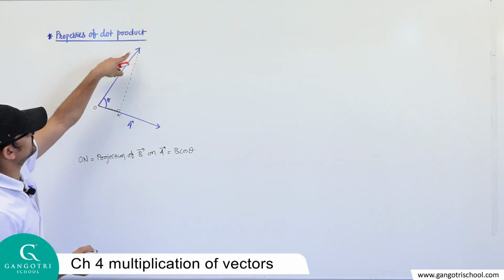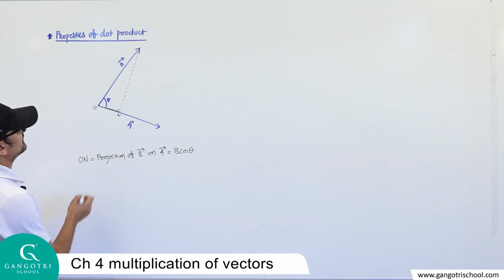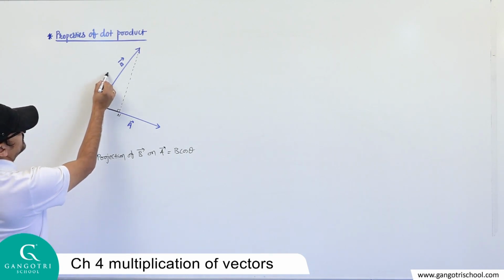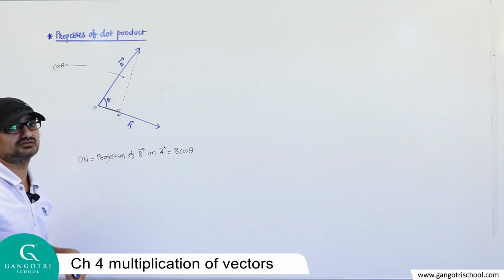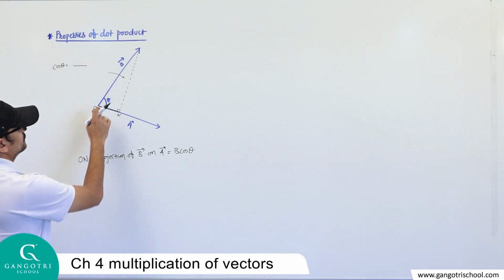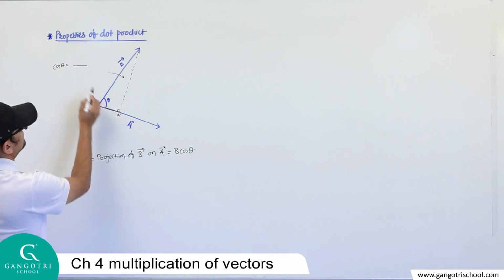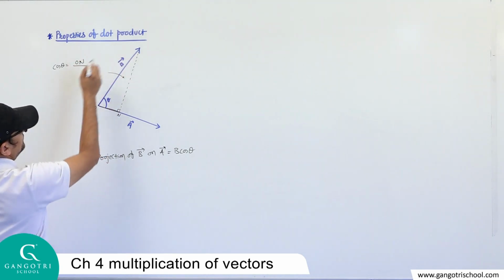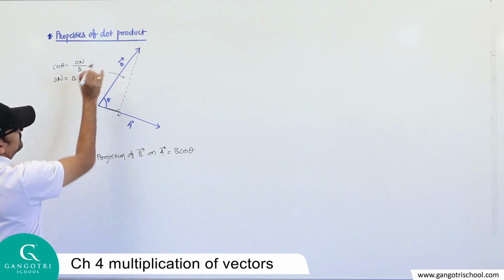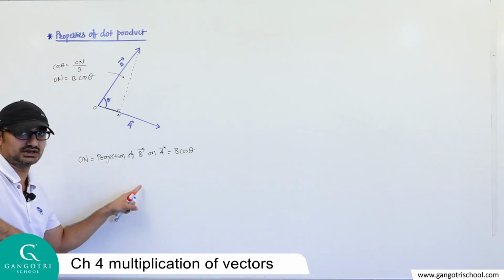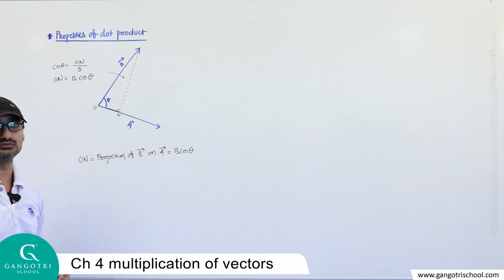Consider this right angle triangle. In this right angle triangle, cos theta, dear student, cos means adjacent side upon hypotenuse. So for this angle, the adjacent side is ON and the hypotenuse is B. So ON is equal to B cos theta. ON is the projection of B on A.